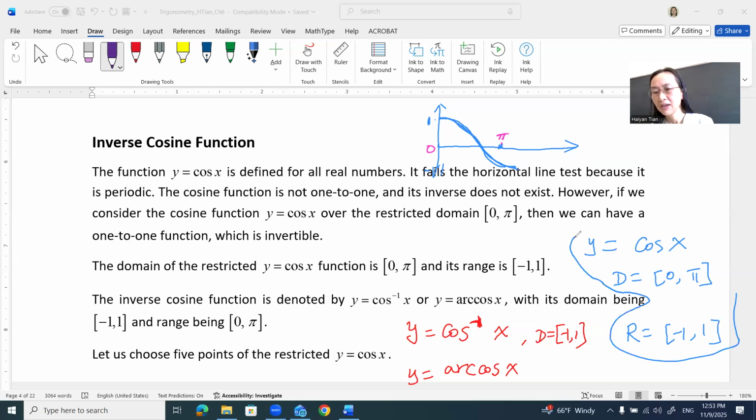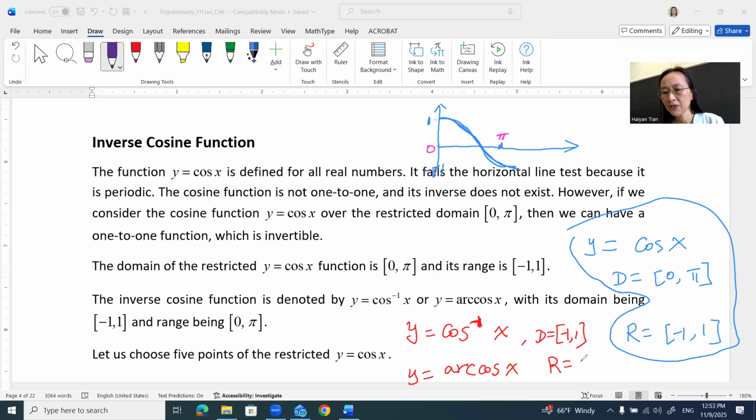So the range of cosine becomes the domain of the inverse of cosine. If the domain of the inverse is this, what is the range of the inverse?